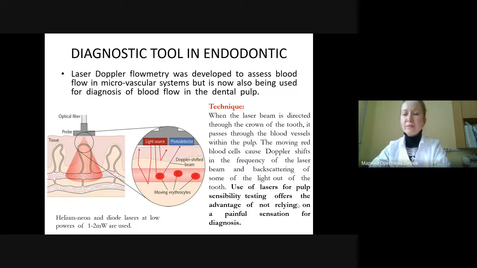When the laser beam is directed through the crown of the tooth, it passes through the blood vessels within the pulp. The moving red blood cells cause Doppler shifts in the frequency of the laser beam and backscattering of some of the light out of the tooth. Use of lasers for pulp sensibility testing offers the advantage of not relying on a painful sensation for diagnosis.